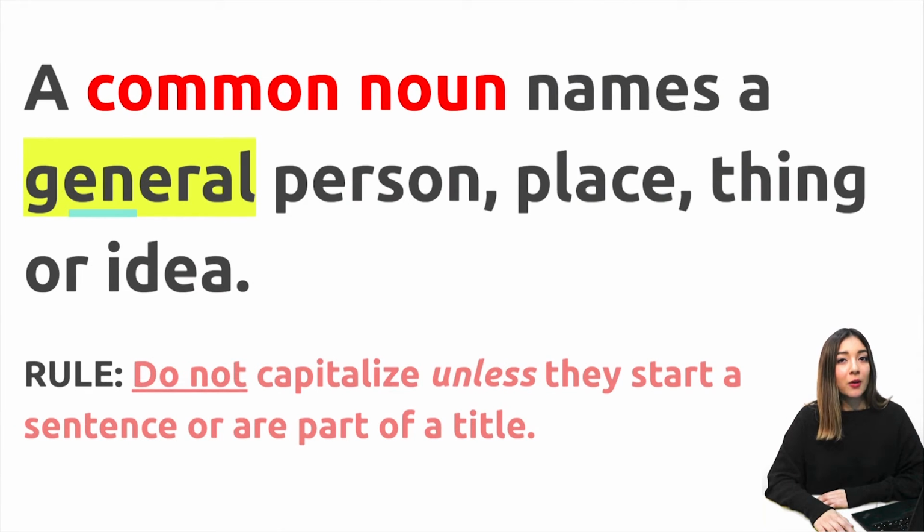When we talk about common nouns, we are talking about general things. We are not naming anything in particular. This could be any person, any place, anything, any idea. When we write common nouns, we don't capitalize the first letter of the word unless the common noun is at the start of a sentence.